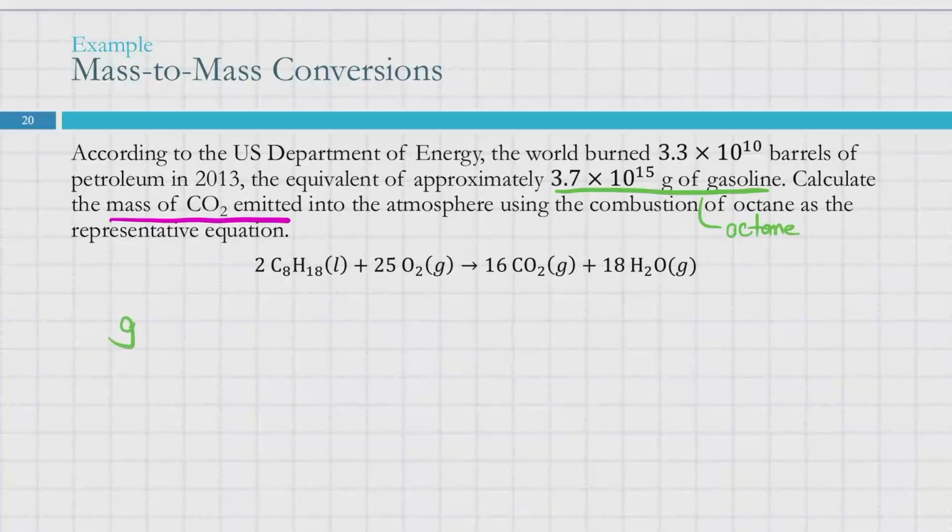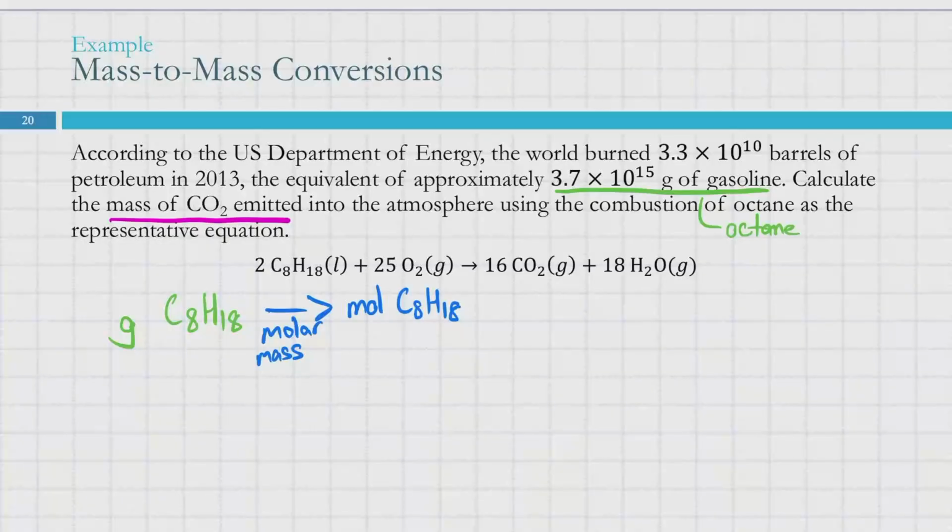So we're going to be starting with grams C8H18. Can we use our ratio from our balanced chemical equation with grams right away? We can't. What do we need to get to be able to use our ratio? Moles. Yeah. How do we get to moles from grams? Molar mass. So we're going to use molar mass to get to moles, C8H18.